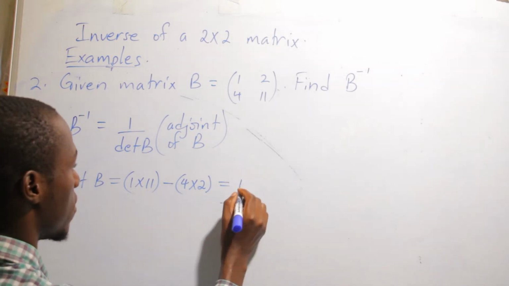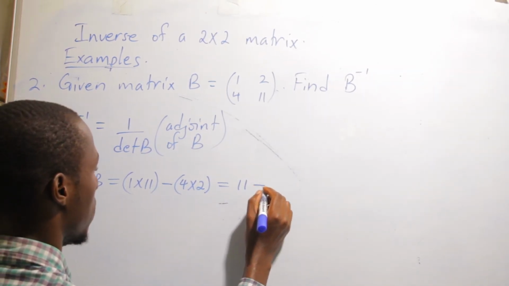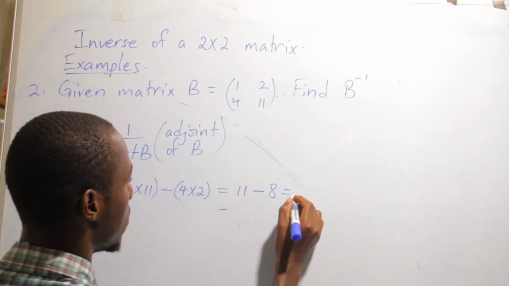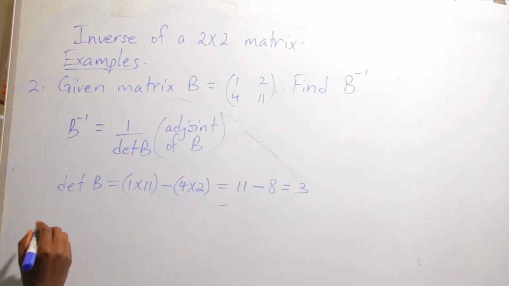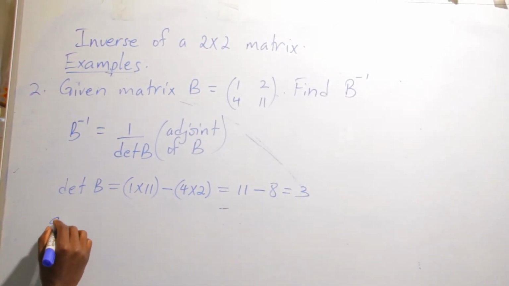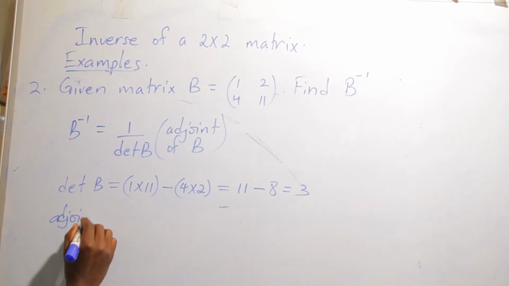So that is 11 minus 8, and we get the determinant as 3.